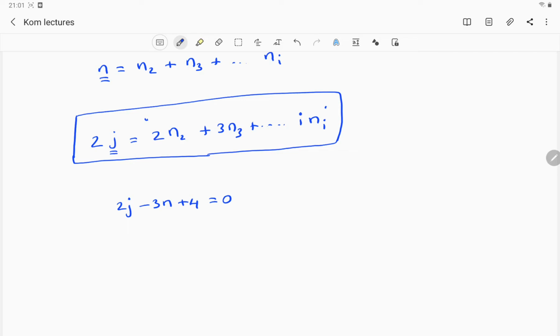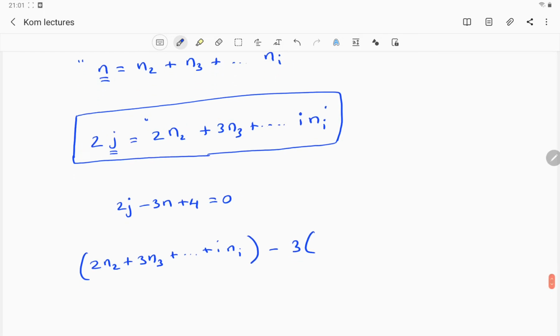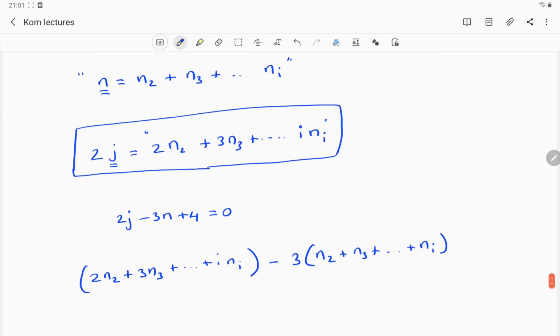So 2j is 2n2 plus 3n3 plus dot dot dot plus i ni, and minus 3 into n, which is n2 plus n3 plus dot dot dot plus ni, and plus 4 should be equal to 0.